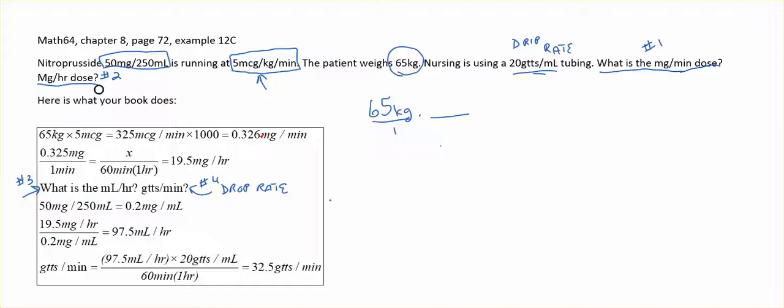I'm going to figure out how many milligrams per minute instead of micrograms per kilogram per minute. And what do I put where? Well, I'm going to take this number, and the kilograms had better be on the bottom, so I'm liking it the way it is. 5 micrograms for 1 kilogram, and this is per minute.